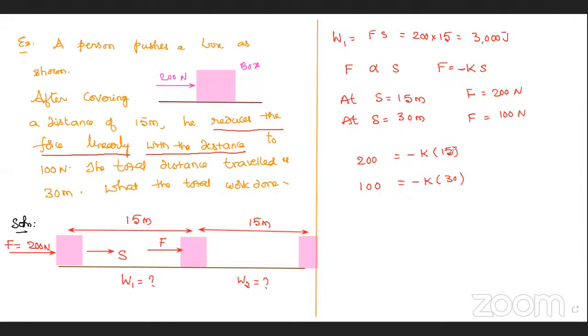If you check here, yes, correct, Nana. As the force is decreasing, I took minus k. If force is increasing, it is just like force and displacement, a straight line like this.